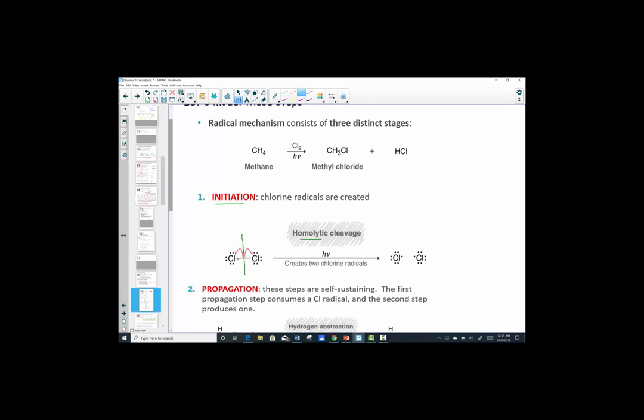And notice that these 2 electrons that were a shared pair have each gone their separate ways. So I have 1 green electron on each of those 2 radicals of chlorine. A homolytic bond cleavage is an example of an initiation step in which radicals are made. So that's the key there. In initiation, we have to create the radicals.